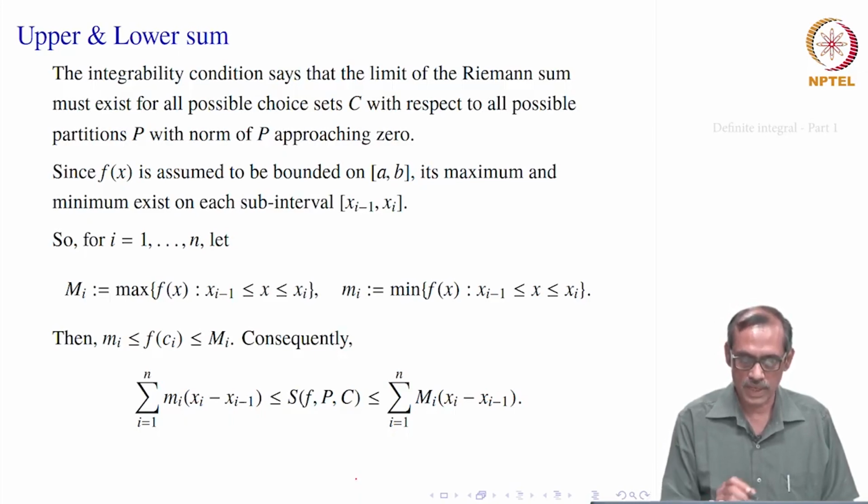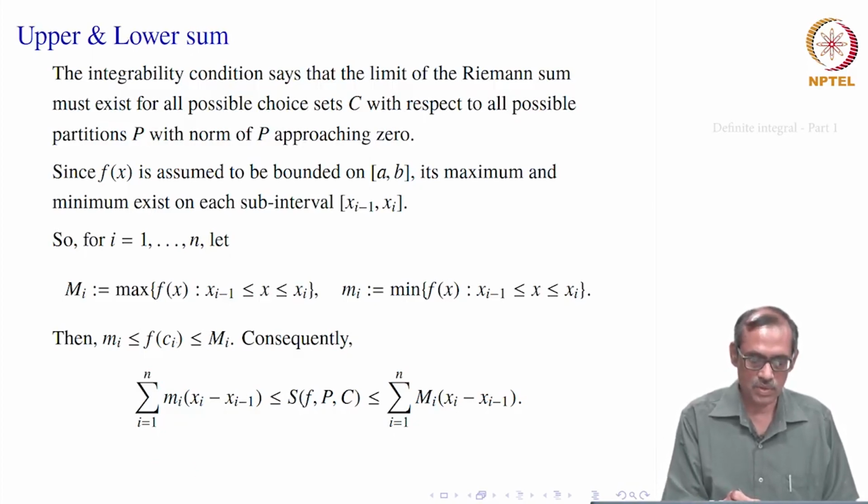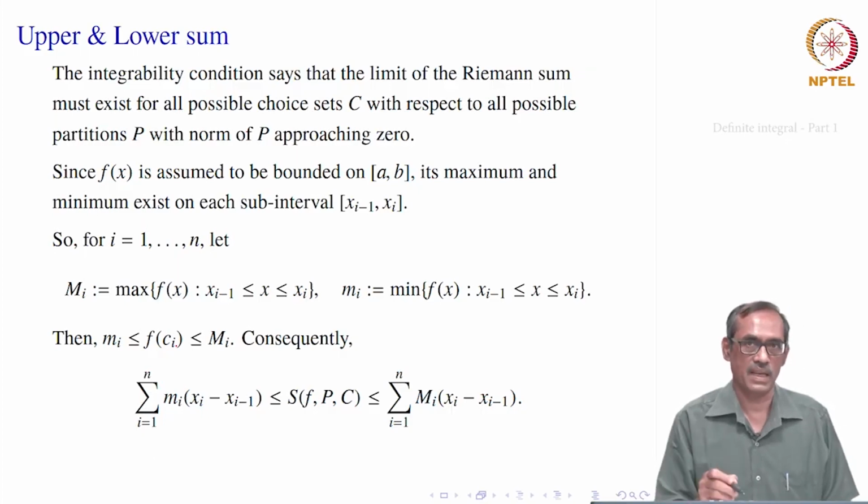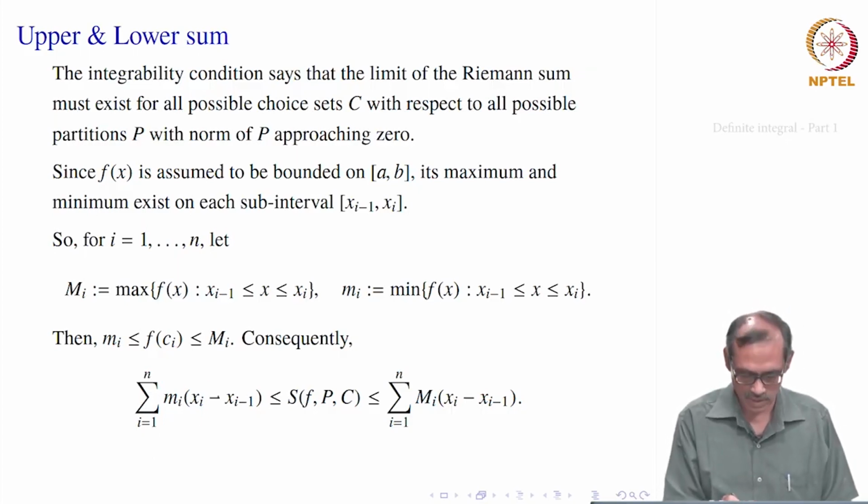So, notice that if it is the minimum, then it is also achieved somewhere. So, that means suppose it is achieved at some t I, then you can choose that c I to be equal to t I, so that this minimum is achieved. So, this one is also achieved and this one is also achieved among these choice points.